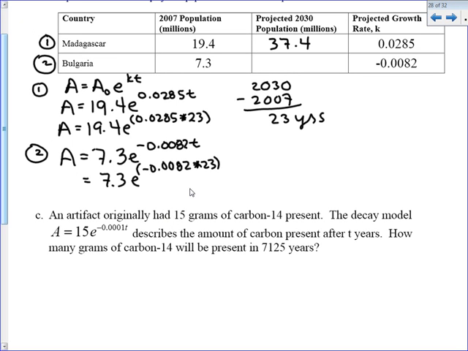When you look to the right of the 0, the 4 doesn't tell you that you can move that up. So it is just 6, or you could say 6.0. We don't have enough to bump that 0 up to a 1. So they started at 7.3 million. In 23 years, they're projected to go down to 6, because that k was negative.